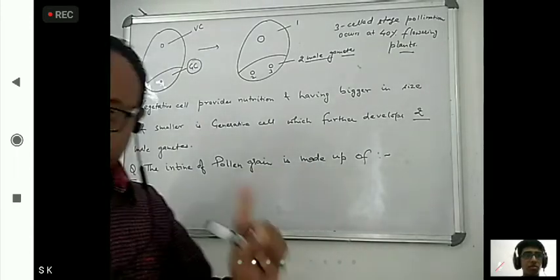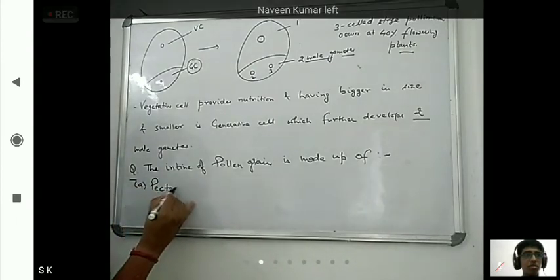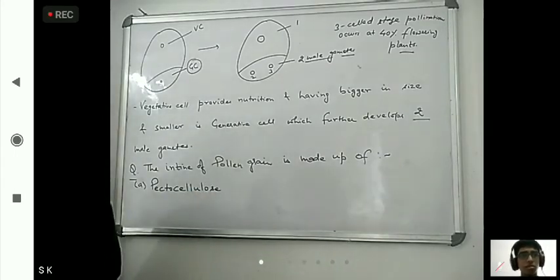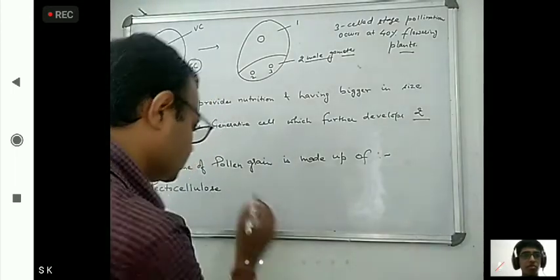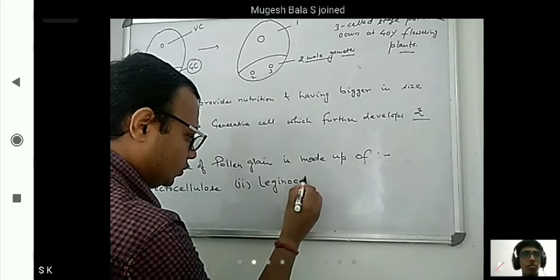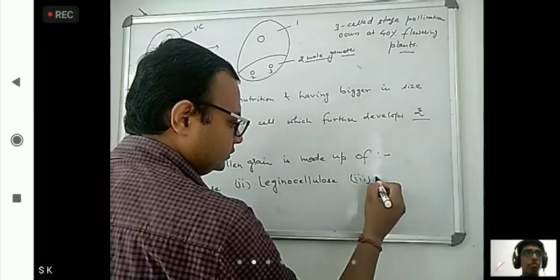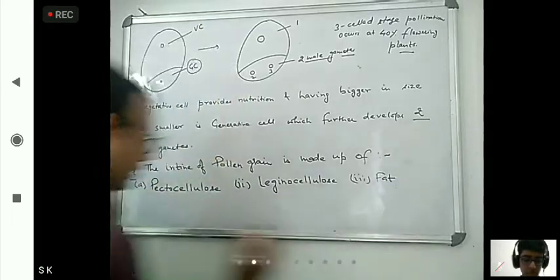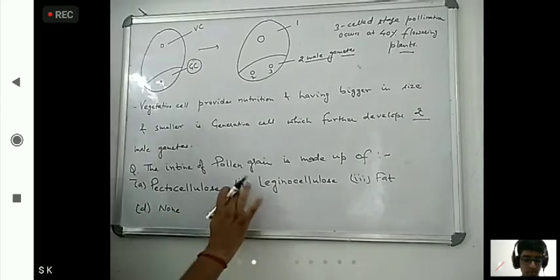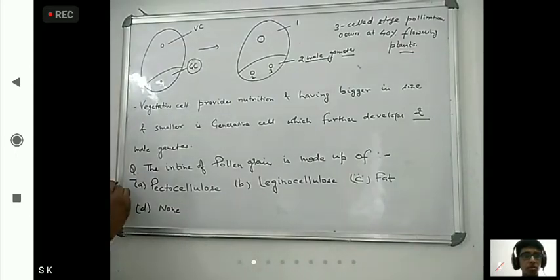First option is pectocellulose. Second option is lignocellulose. Third option is fat. Fourth option is none of these. So what will the answer be? Pectocellulose, right.